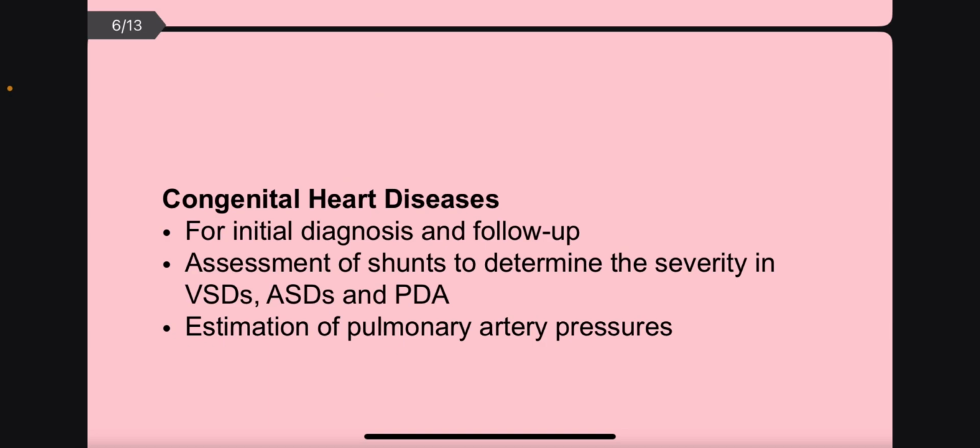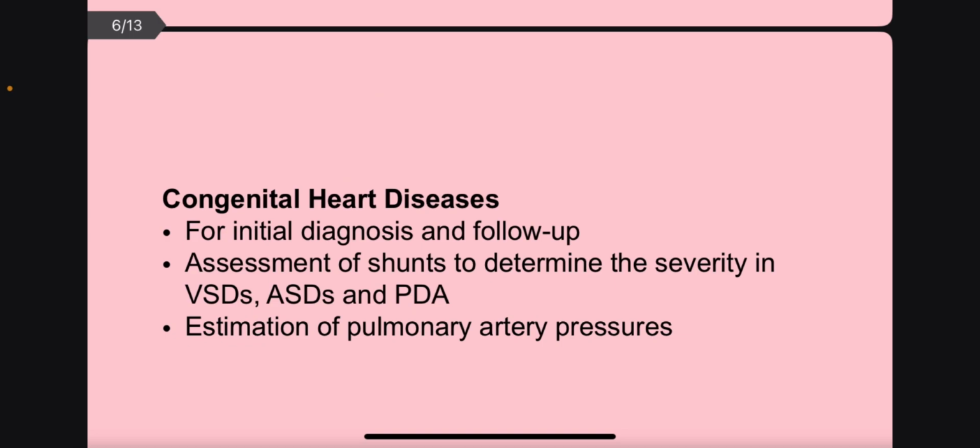So, in doing so, we are assessing the shunt size and volumes. If the shunt volume is very big, then that is a severe defect and it needs to be closed. If the shunt volume is small, you can take its diameters or dimensions. If it is small, higher chances, if it's in a pediatric patient, it can close spontaneously. So we wait for it to close spontaneously. For example, small muscular VSDs close spontaneously.